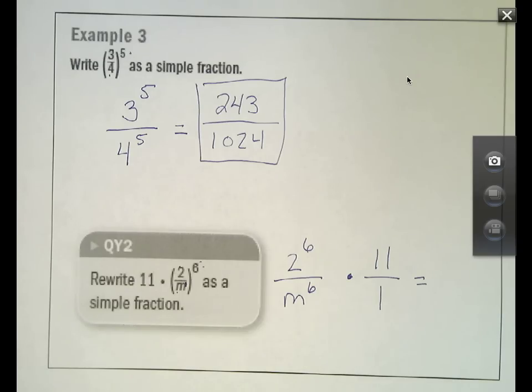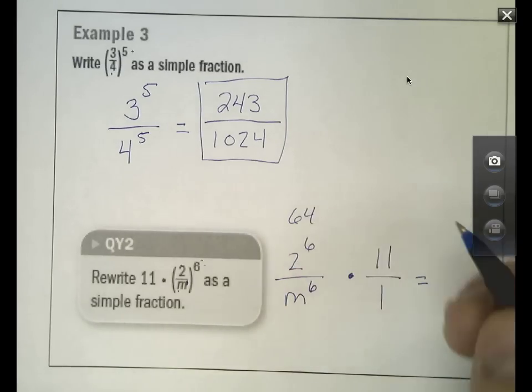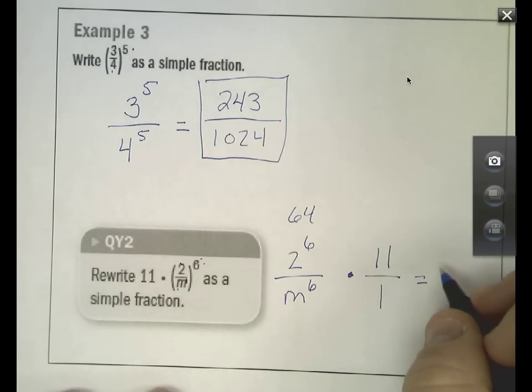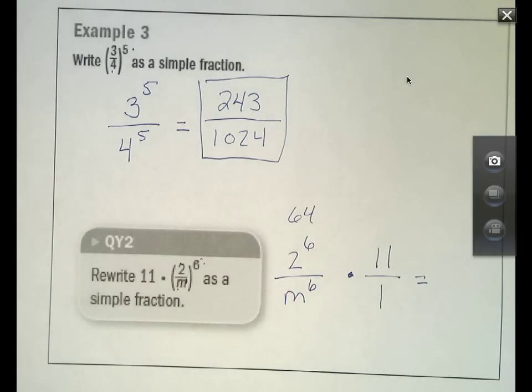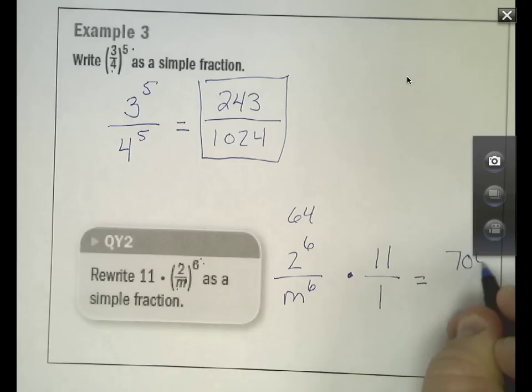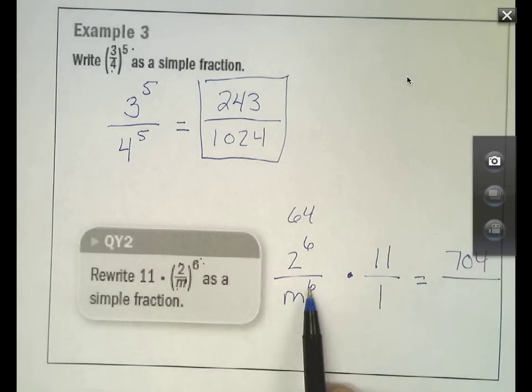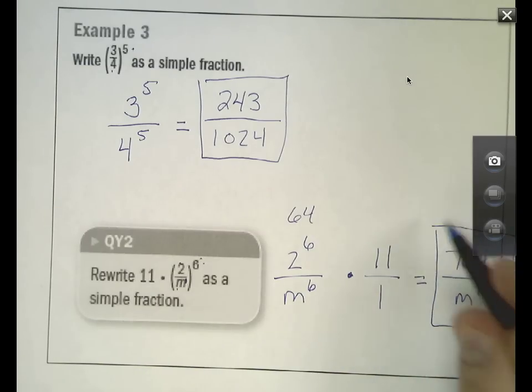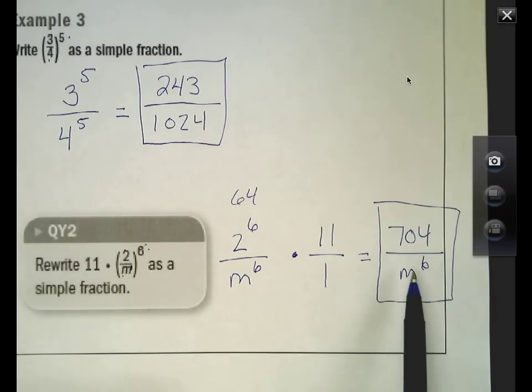So 2 to the 6th power is going to be 64 times 11. 64 times 11 is 704 all over m to the 6th times 1, which is just m to the 6th.